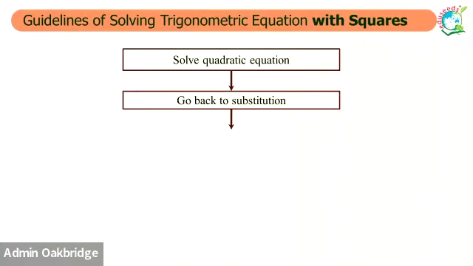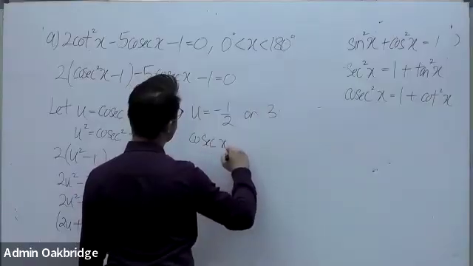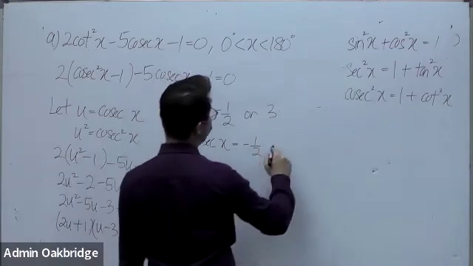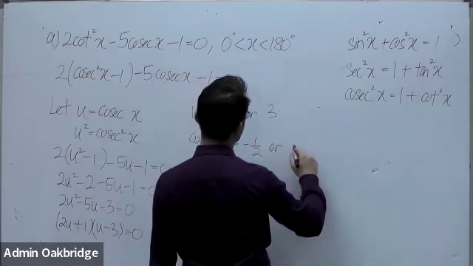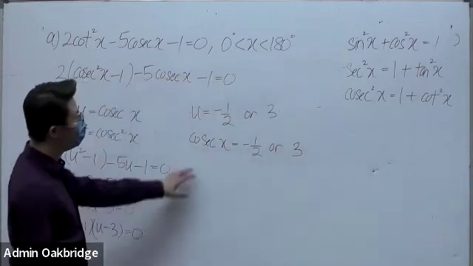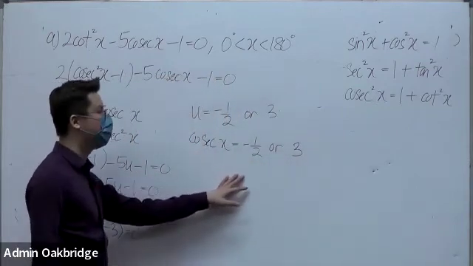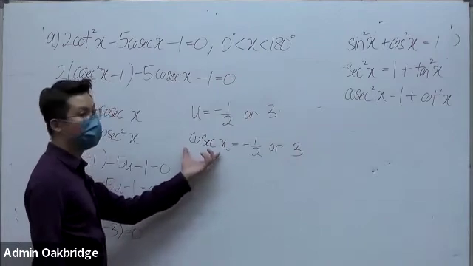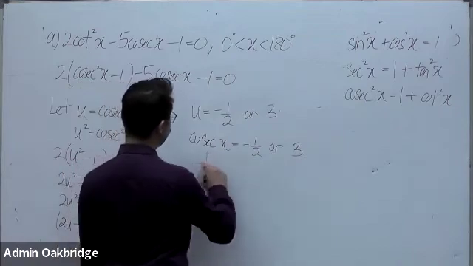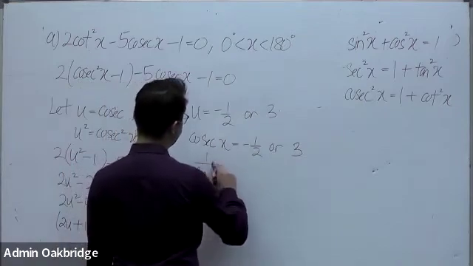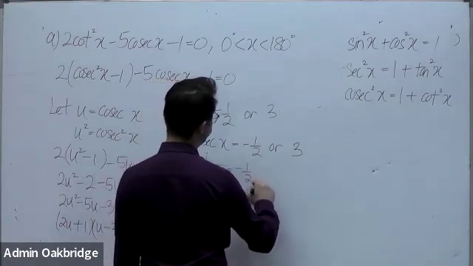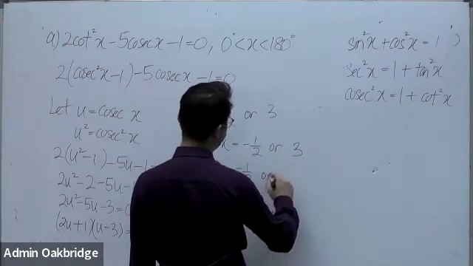So you have cosec x equals to -half or 3. And then from here, how do you solve this? You can convert the reciprocal function here to sine, right? 1 over sine x equals to -half or 3.